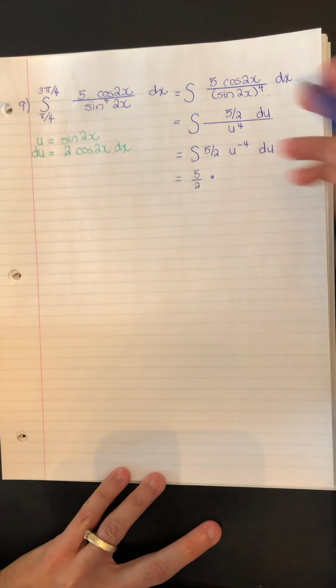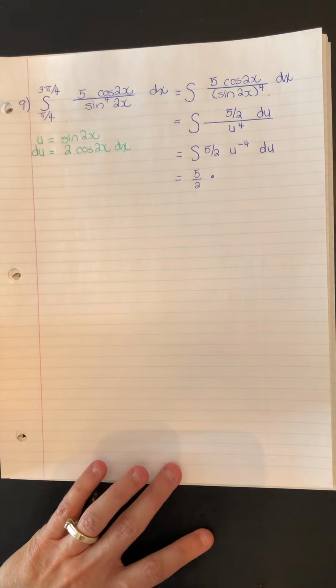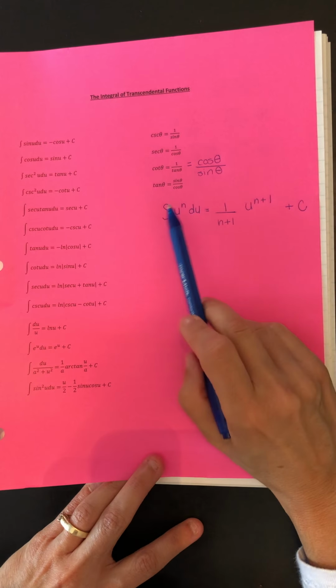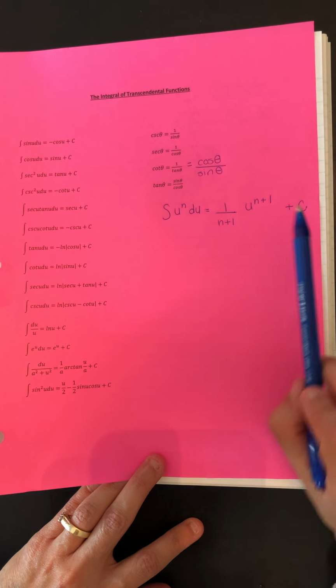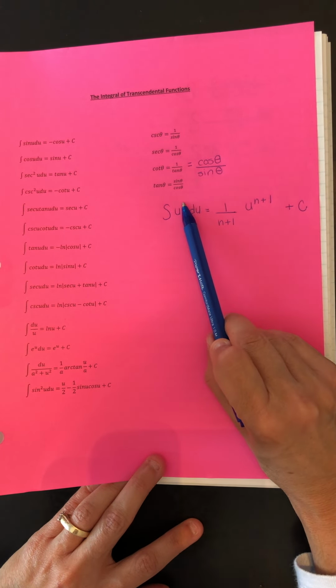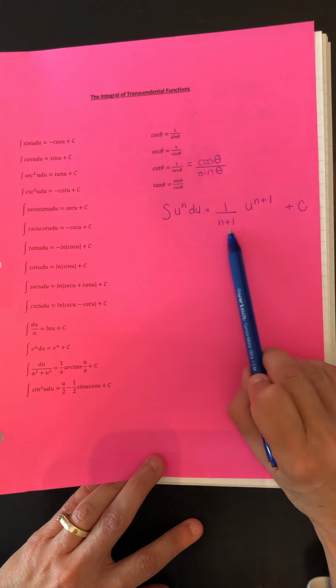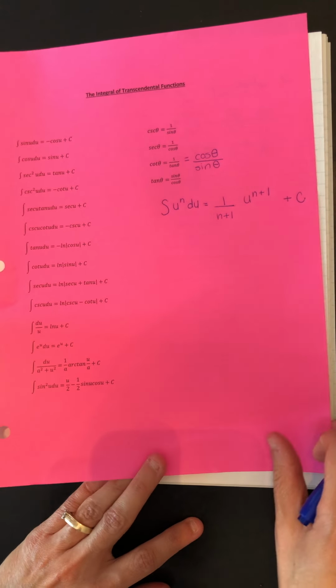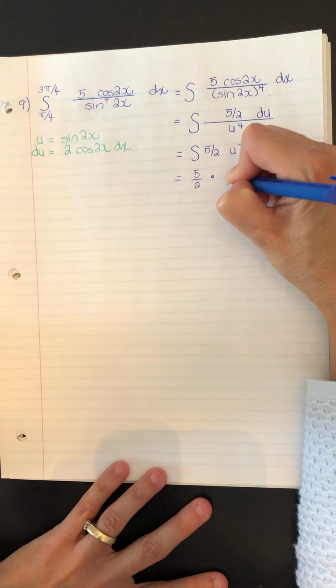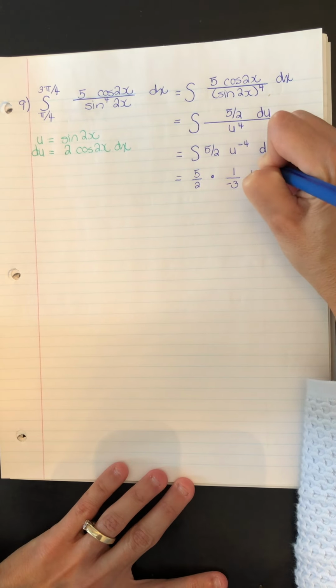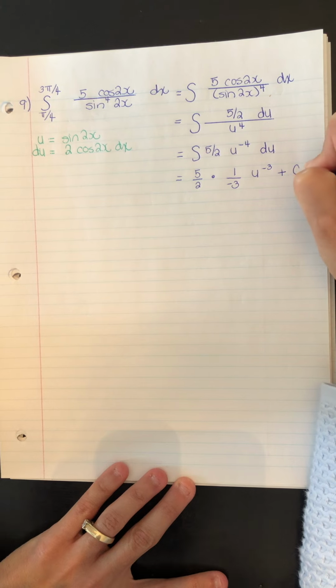And we use, once again, the integral of u to the n du, right? So we have u to the negative 4. So this will be a negative 3 and a negative 3. So it's 1 over negative 3 u to the negative 3 plus c.